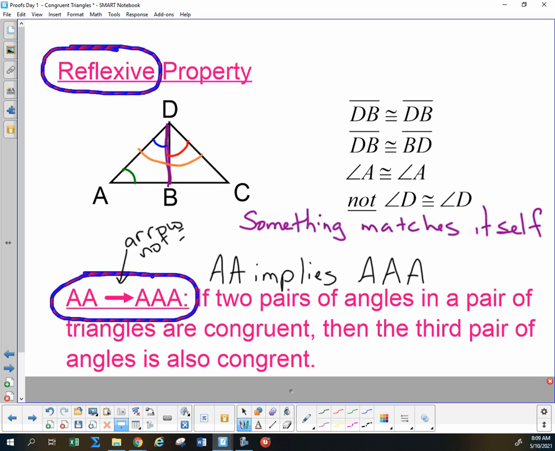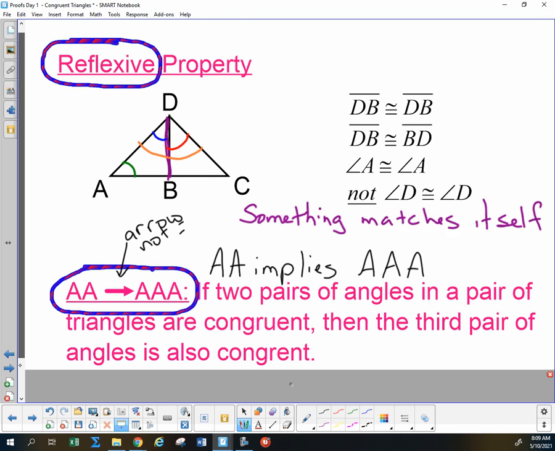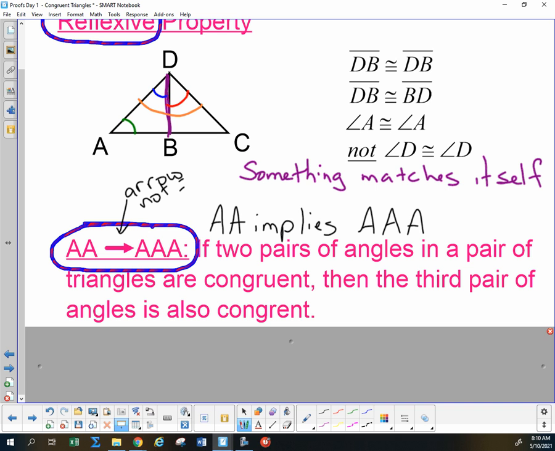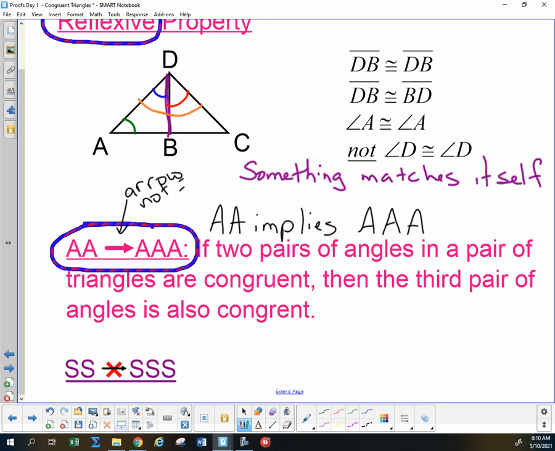So if we have or prove that two sets match up, that automatically means the third set matches up, but we have to put that into our proof. It is not true that SS implies SSS, so don't try to pull that one in your proof.